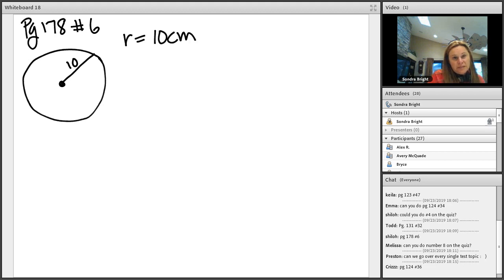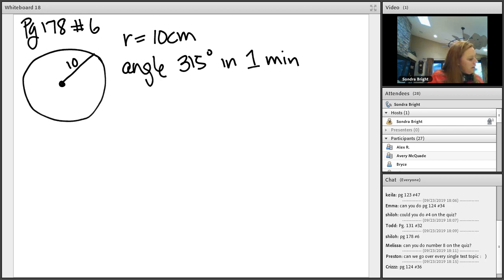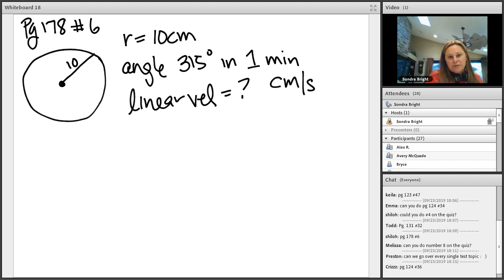They gave you this 10 centimeters. It moves through an angle of 315 degrees in 1 minute. And determine the linear velocity of the point in, we want centimeters per second.